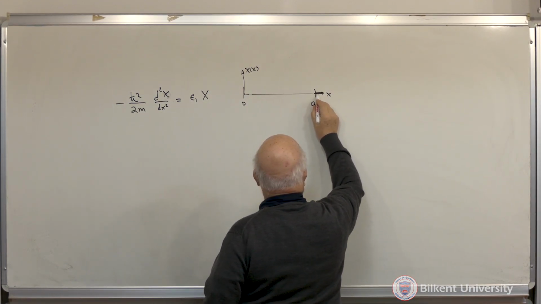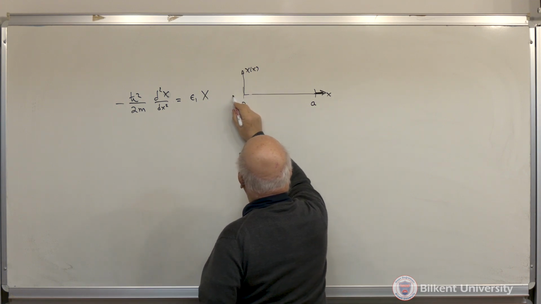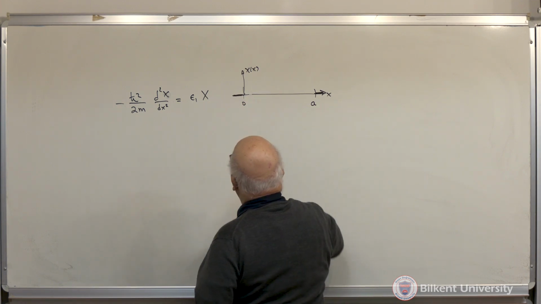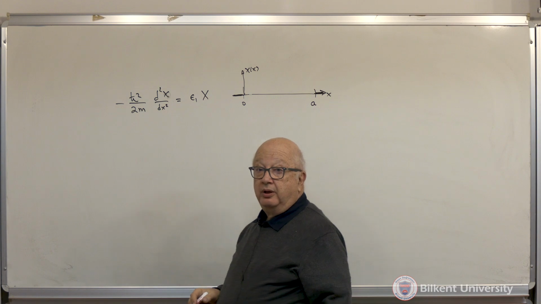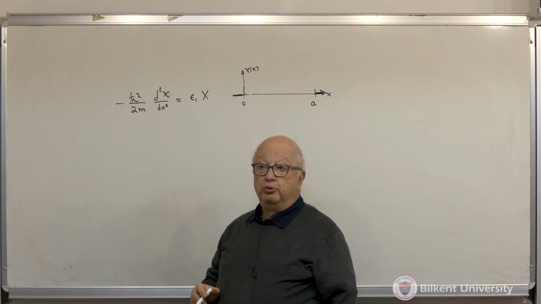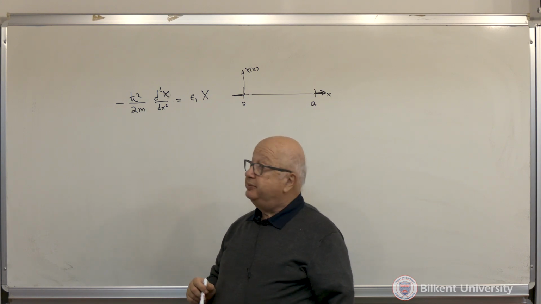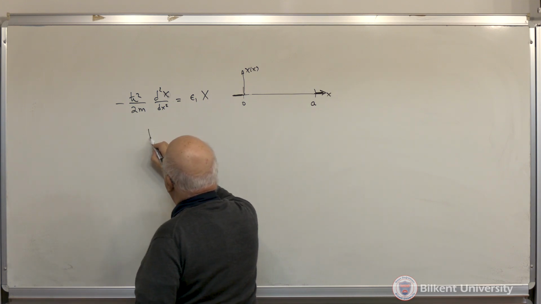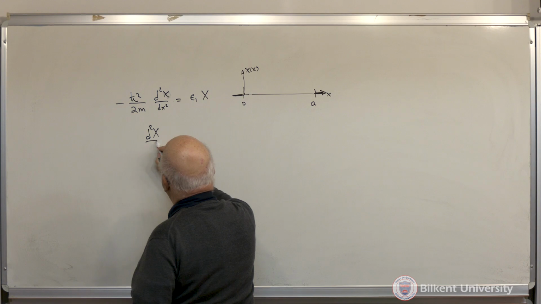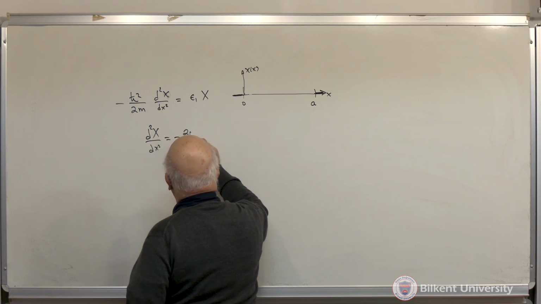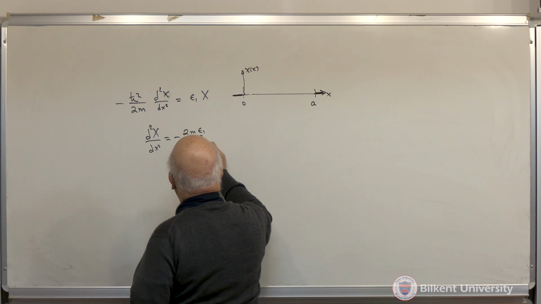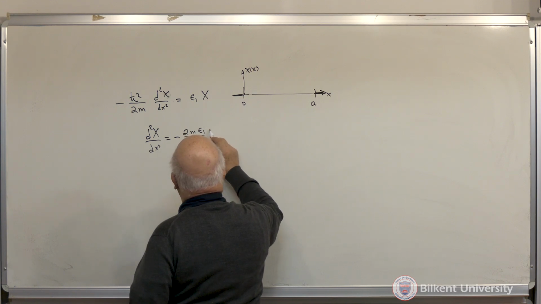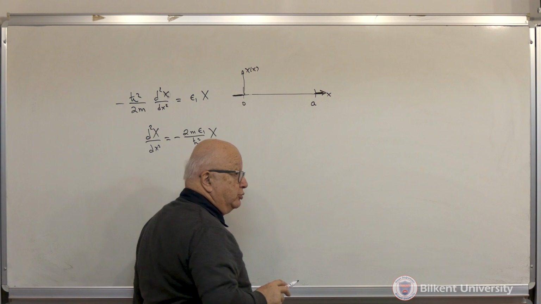It has to be 0 at other places. Something like this. And I know what the solutions to such an object are, right? So if I write one more line here, d squared X dx squared is equal to minus 2m E1 over h bar squared times capital X. So what are the solutions?